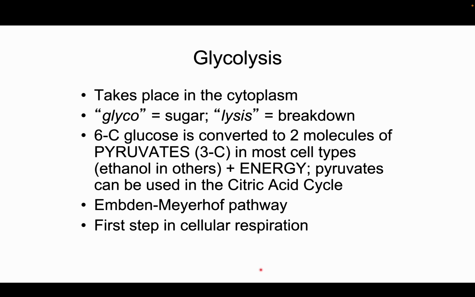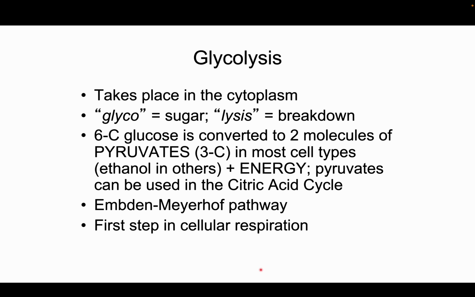Now, when you dissect the word glycolysis, glyco means sugar or glucose, while lysis means breakdown. So simply put, glycolysis is the breakdown of sugar to produce starter molecules for the electron transport chain for oxidative phosphorylation. And at the same time, energy is actually produced.